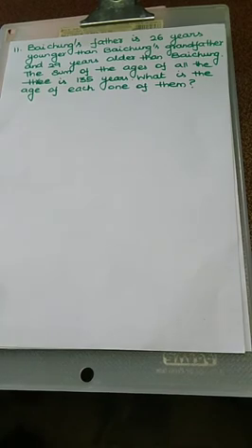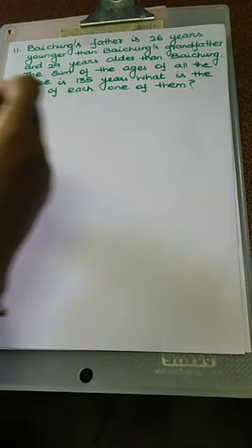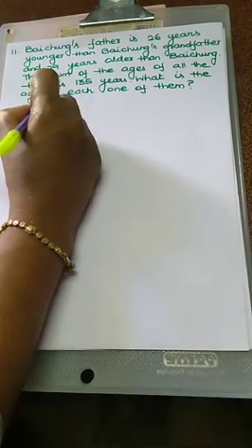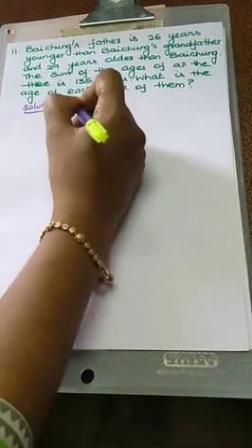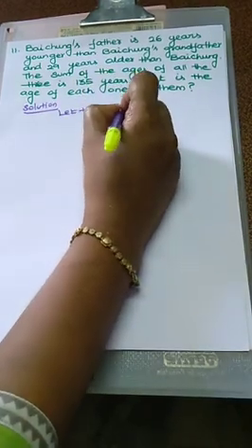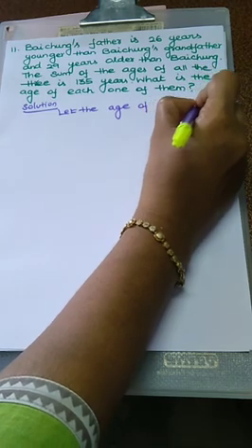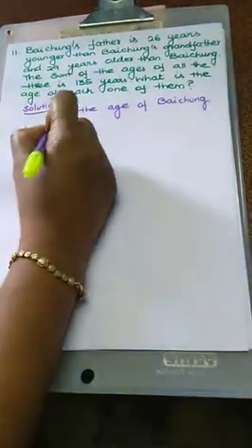First we just imagine Baichung's age be x. Okay. Next we have to imagine father's age and grandfather's age also. So first we have to take, let the age of Baichung be x years.